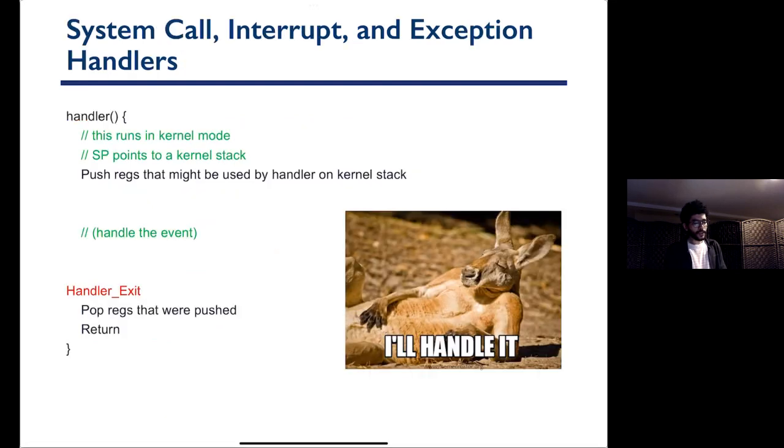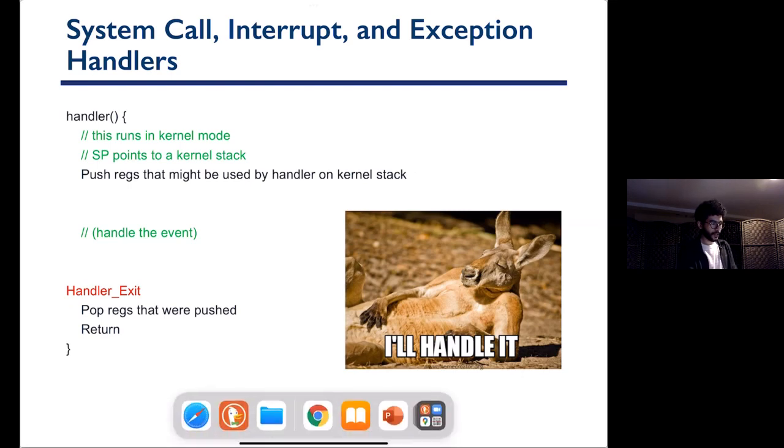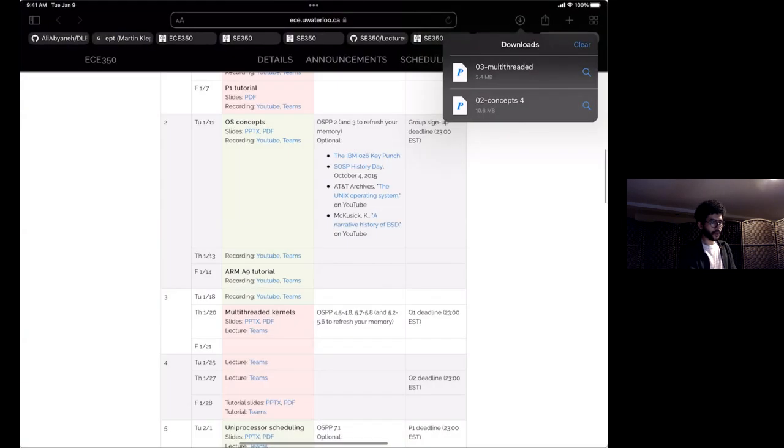Now, how do you handle a context switch? I actually want to go to the PDF version because the PDF looks much better. The code that I wrote, the font is much better.